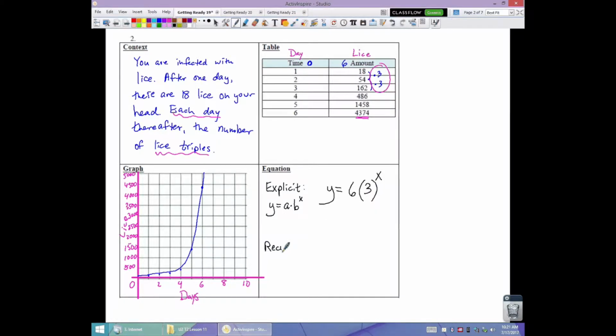Our recursive equation would be, again, start with one of the values in the beginning, f of 0 or f of 1. The first one I was given was time 1. I'll start with f of 1 equals 18. And then each new f of x is derived by taking the previous value, f of x minus 1, and multiplying it by 3.